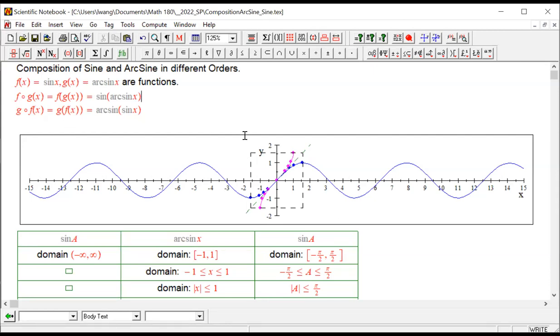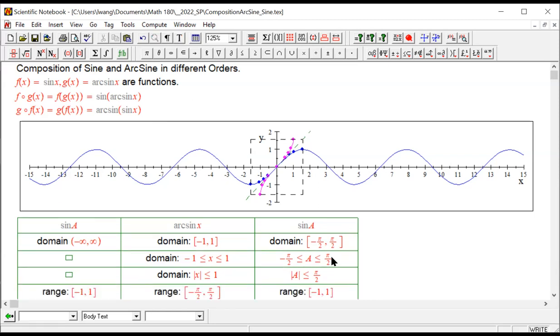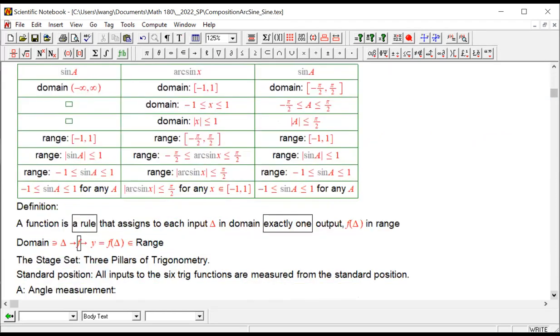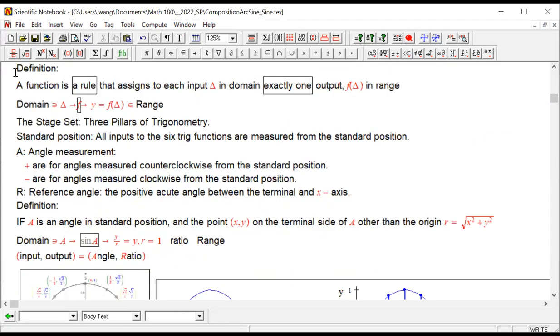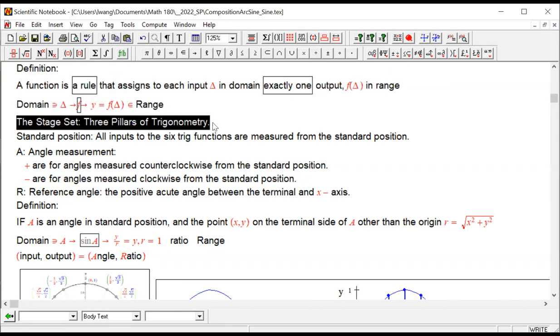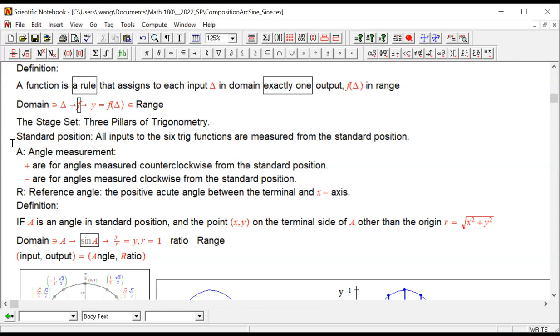So in this section, we're going to study these situations. Remember, we're still studying functions, and we're still talking about the 3 pillars of trigonometry.